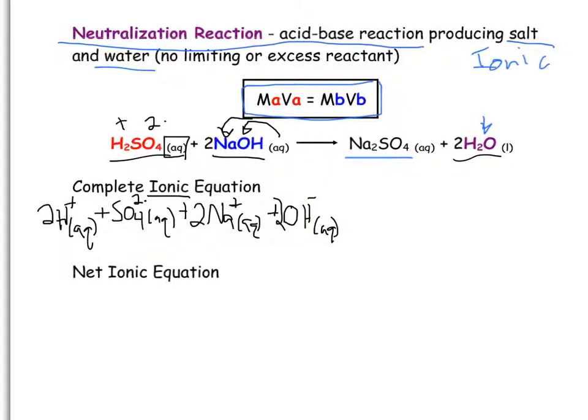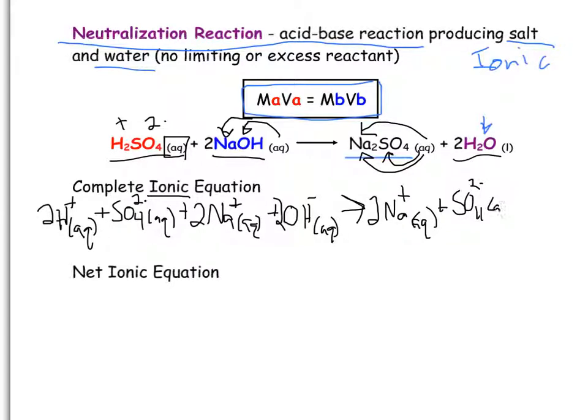Now looking at our products, we have our 2 sodiums still. So we have 2 sodiums with a positive charge, and they're aqueous, because remember, our state of matter carries through to both of these. That means they're floating around in the solution. Plus we have our sulfate still, and they're aqueous.